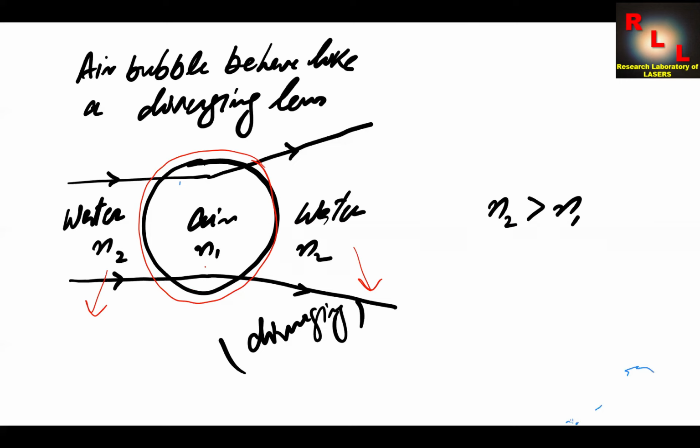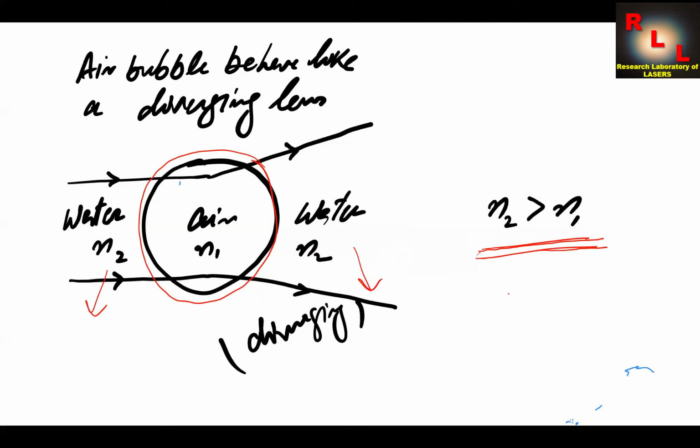So what do you see here? The light passes from water to the air bubble, and it's diverging, because the refractive index of the water is greater than air. This is how you can understand the properties of the lens, but all these things depend upon the refractive index.